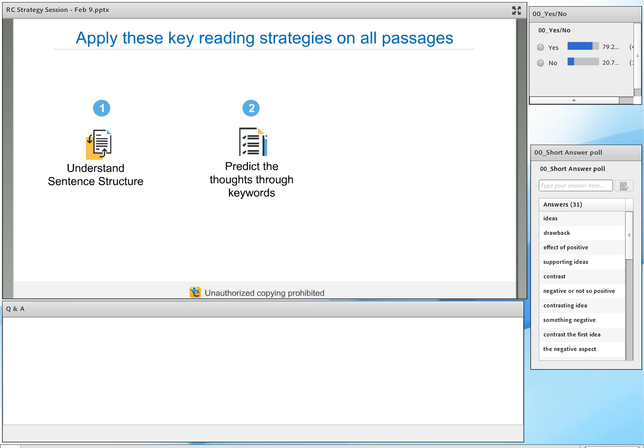It's not going to happen that the author is going to say, having said that, and then there are no two thoughts about it. The author has said, having said that, it has to be a negative after that. A keyword works only a certain way. If there is hence, that means there's going to be a result. If there is but, that means there's going to be a contradiction, right? So there is only one specific thing that can happen when you pause on these keywords, right?